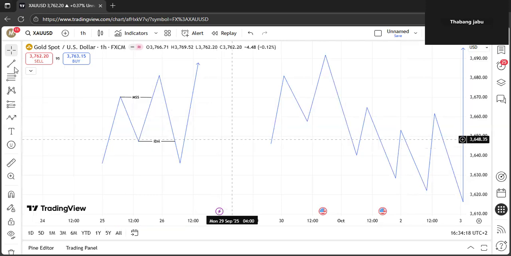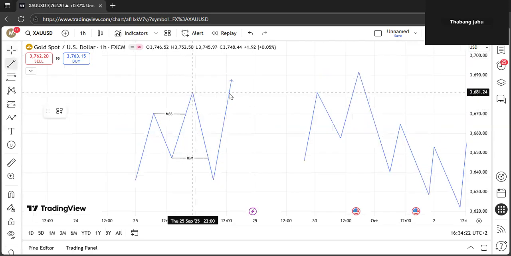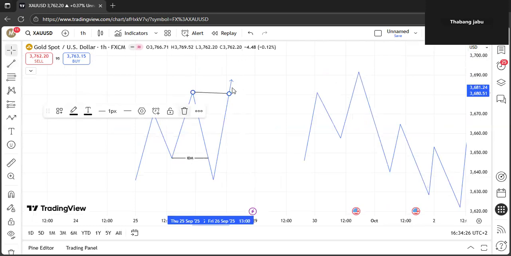Okay. Let's say this is our endorsement and this is our breaker structure. Okay, this is our breaker structure, BOS. Okay, let's continue.